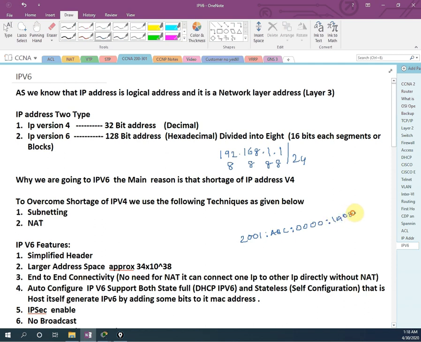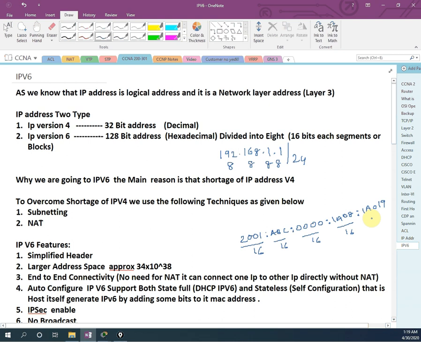I am giving any example like this. We will have 8 blocks, and each block will be 16 bits. Okay, this is an example for IPv6.